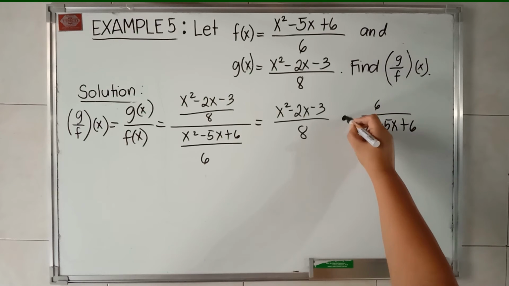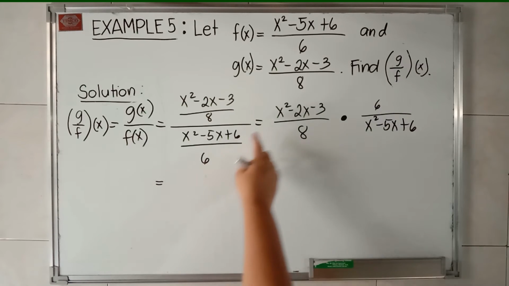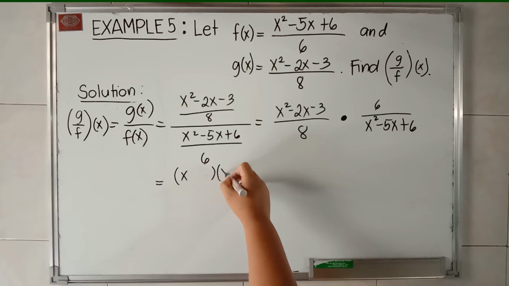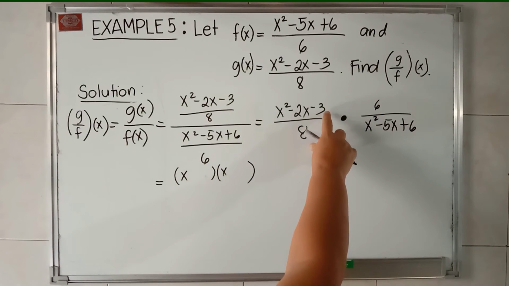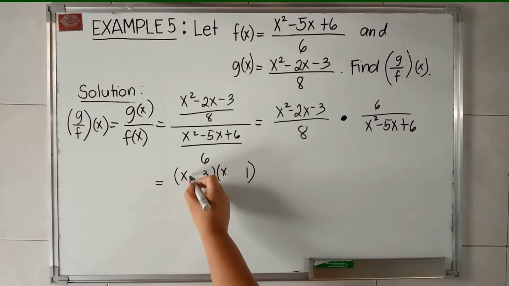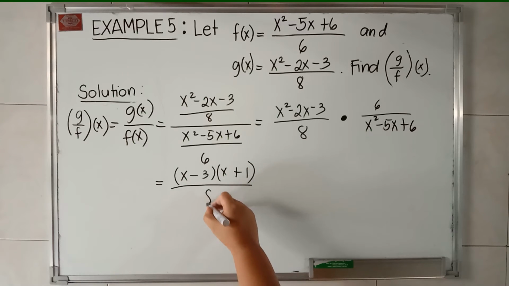Then proceed to multiplication. We will factor first the trinomials so that we can cancel some terms. So factors of x squared minus 2x minus 3 is, of course, x minus 3 times x plus 1 over 8.